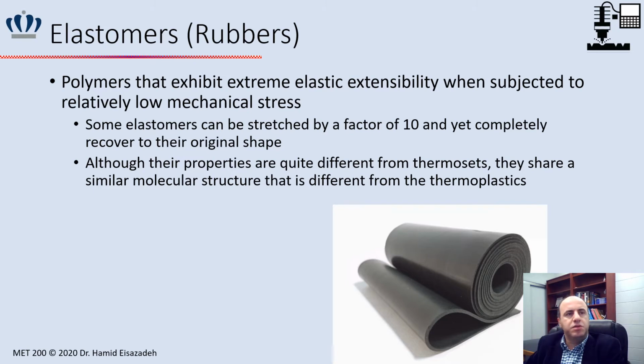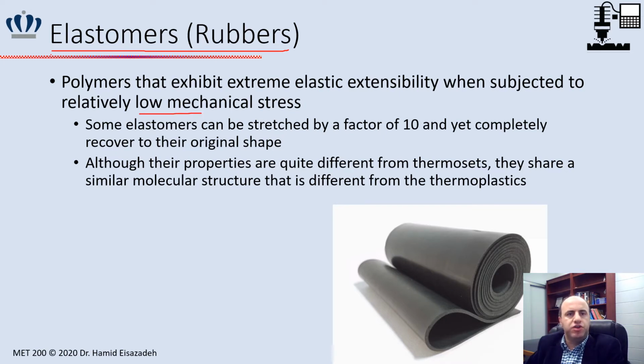The next category is elastomer material or rubber. We use these words interchangeably. This type of polymer shows extreme elastic extensibility when subjected to low mechanical stresses.